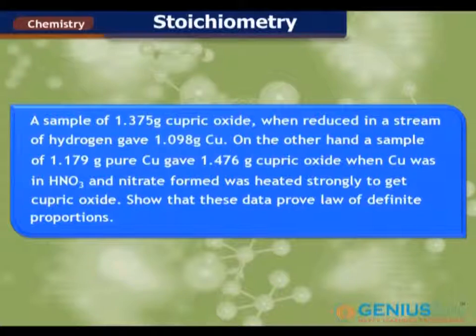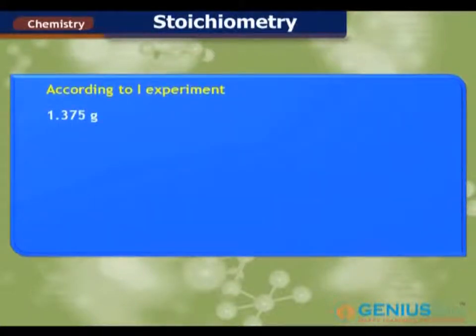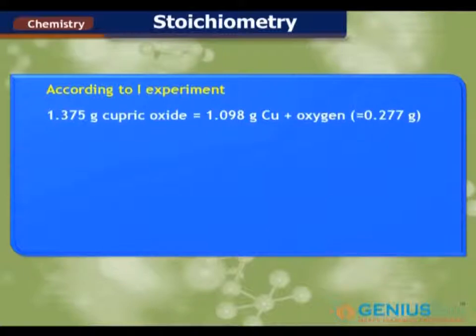So the 1.375 grams of cupric oxide is equivalent to 1.098 grams of copper, and the remaining amount, that is 0.277 grams, is oxygen.